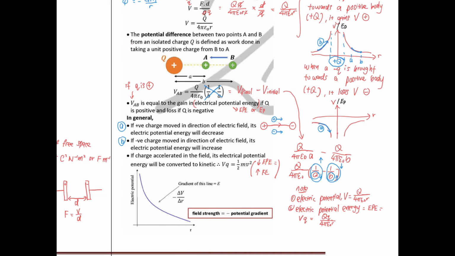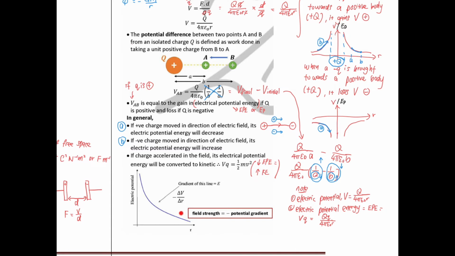Now let's see the other graph here. This graph is electric potential versus R. Electric potential versus R, we already discussed, is V versus R. The graph is already given here. I put both sides, and this one they put one side.